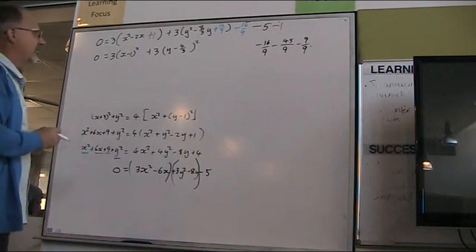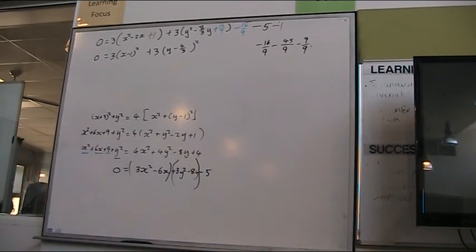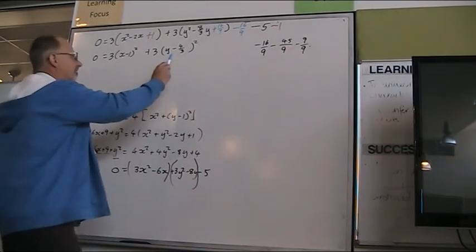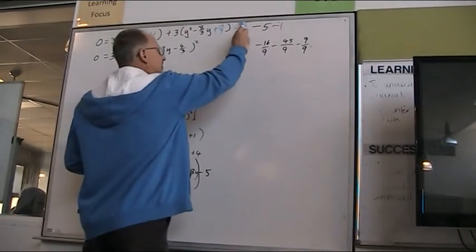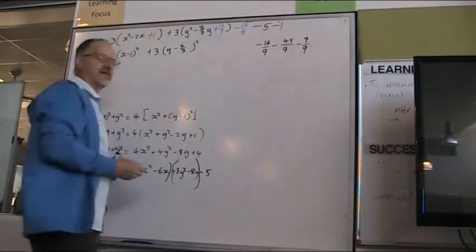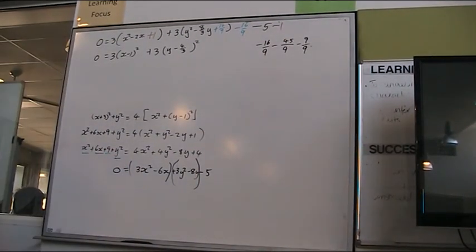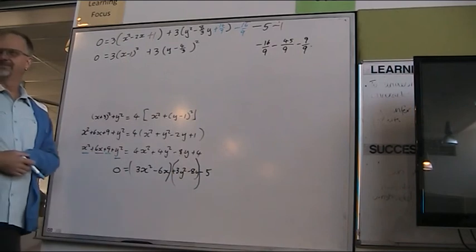Except I've made an error. Who can tell me what my error is? Is it meant to be 4 on 3? That's meant to be 4 on 3. I've made the error here with both of those numbers. What have I forgotten to do? You forgot to times them by 3.